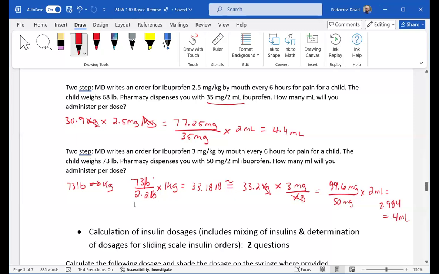Okay. So you probably got 4.4 because you didn't round your 73 pounds. So if I did this straight through dimensional analysis and I said 73 divided by 2.2 and then times 3 times 2 divided by 50, I still get 3.98. So let's see what we got here.